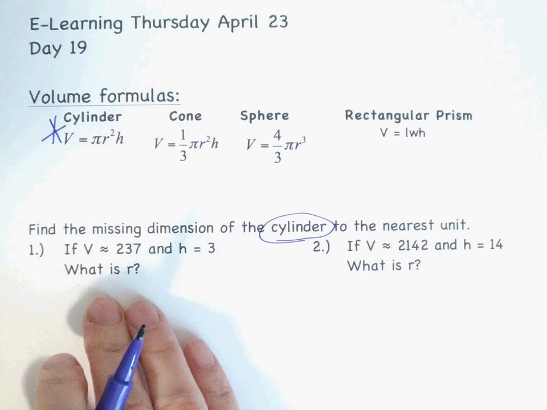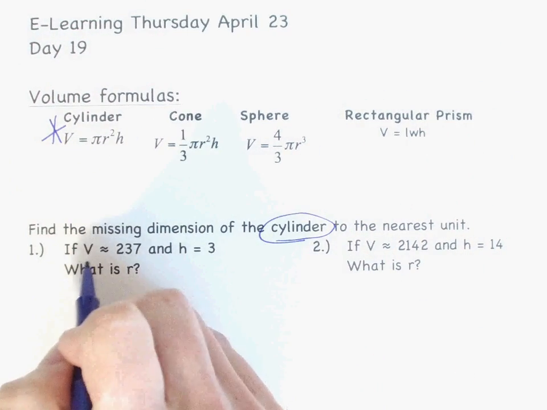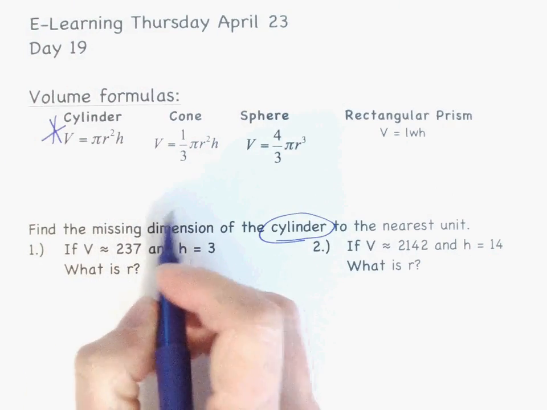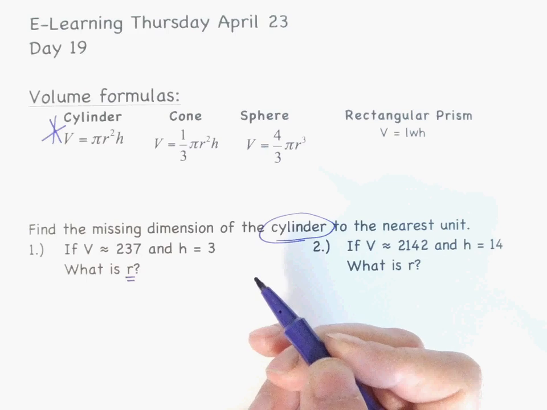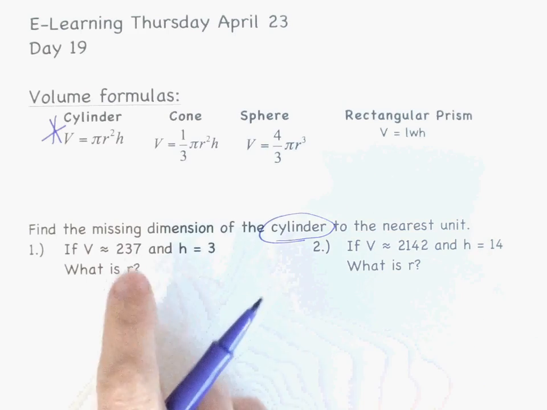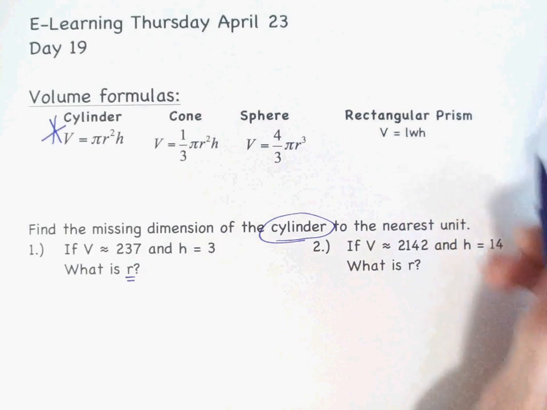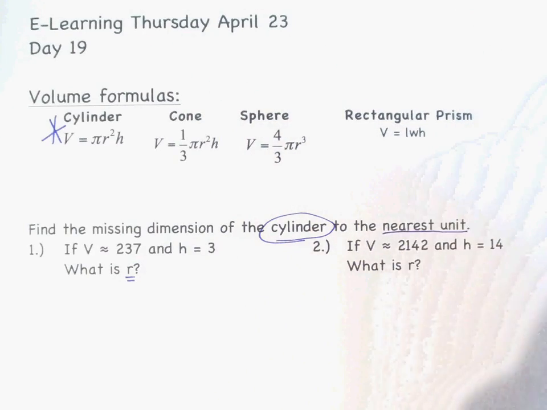And let me read the first problem. It says the volume is about 237 and height is 3. They want to know what is your radius. So we're going to find our radius and we're going to make sure that we round it to the nearest unit. Okay, so that'll be the nearest whole number.